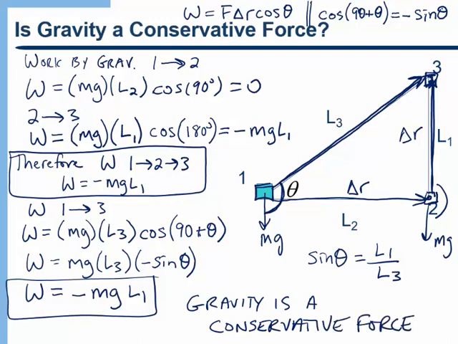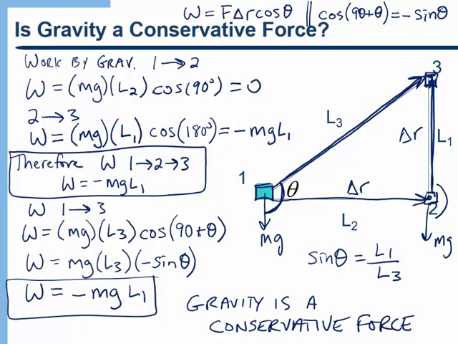You'll notice that we've learned something else about gravity that we probably knew before if we had really thought about it, and that is horizontal displacements for gravity result in no work being done. The only thing that's important for gravity is the change in height.